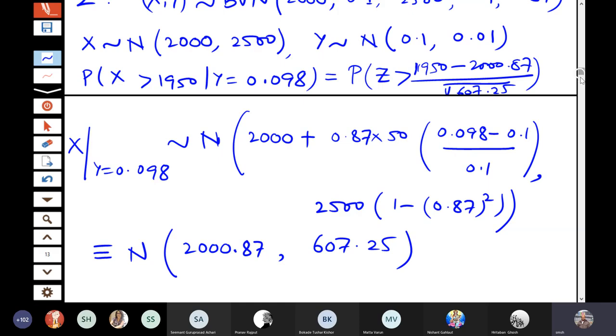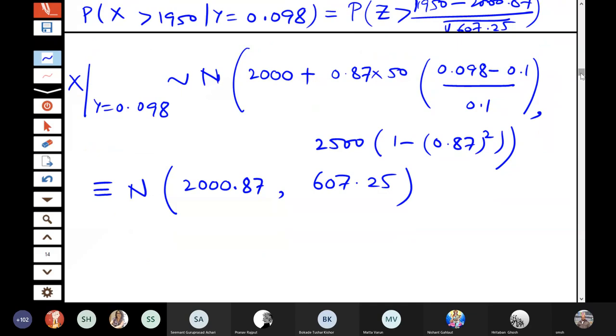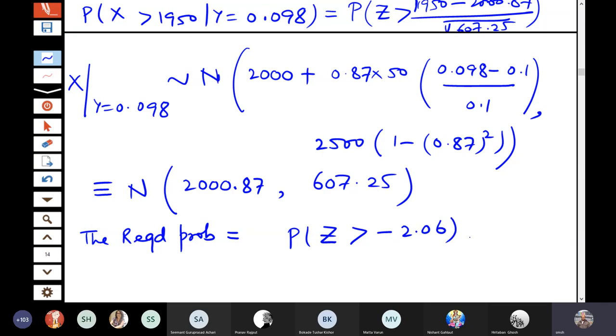So the probability will become z greater than minus 2.06, which is phi of 2.06.